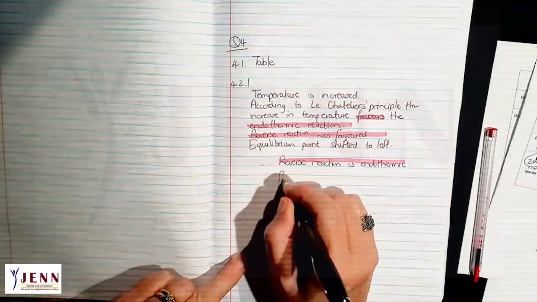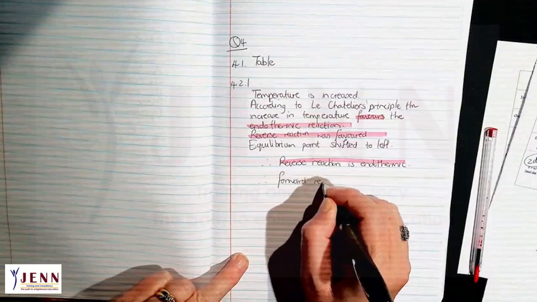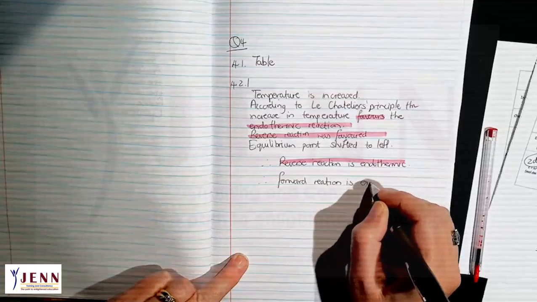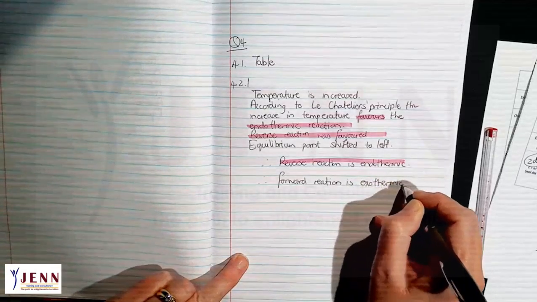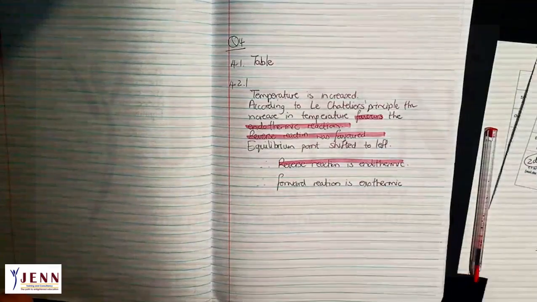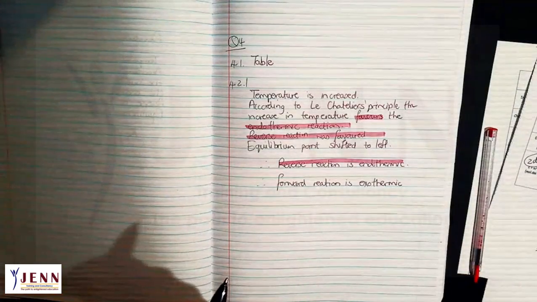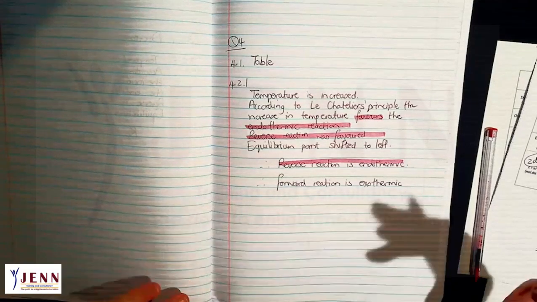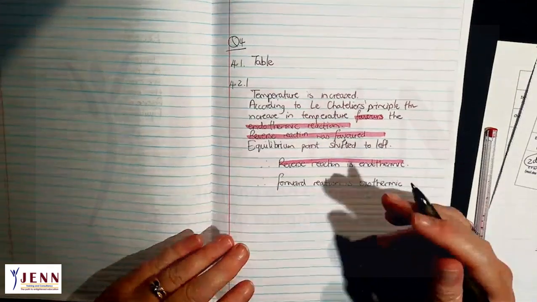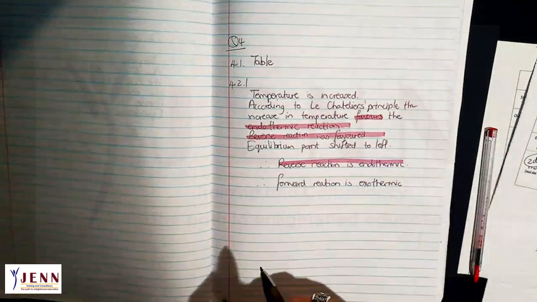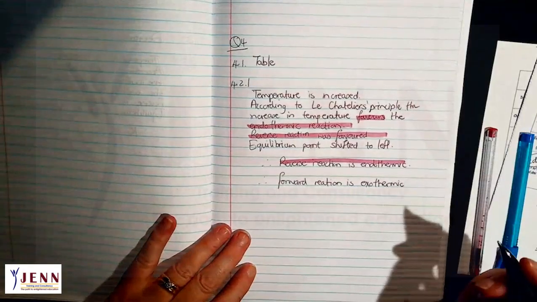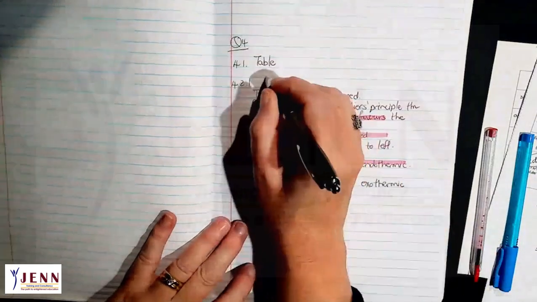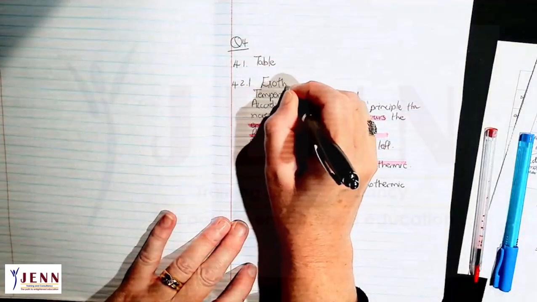So therefore my forward reaction is exothermic. Boys and girls, if they just ask, was the reaction exo or endothermic, it means they tell you it's the forward reaction. So if they just talk about the reaction, they mean the forward reaction. But in this case, it was said in words, is the forward reaction exo or endothermic? So the forward reaction is exothermic. So now I must just write it here at the top.